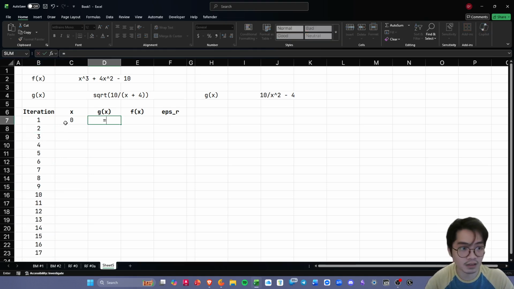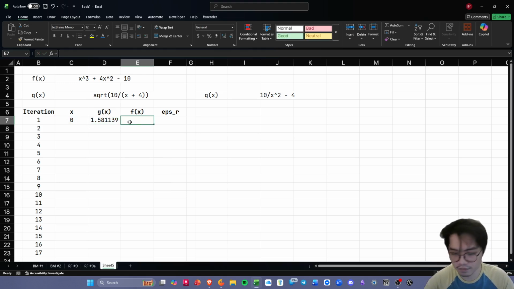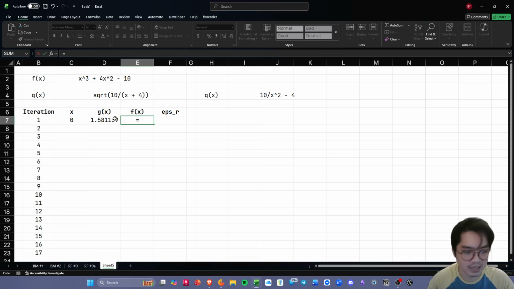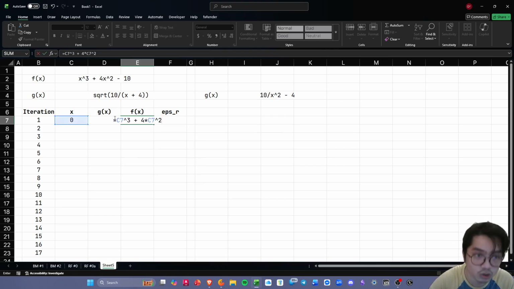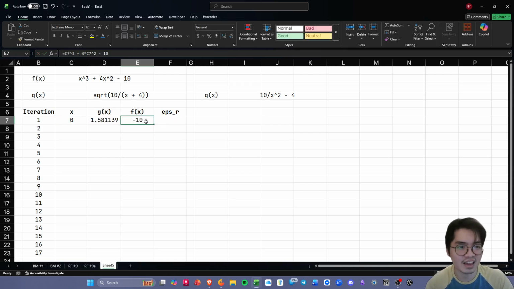And your g of x in here would be square root of 10 all over c7 plus 4. Okay, it's your value. Then your f of x in here will be c7 cubed plus 4 times c7 squared minus 10. Okay, it's negative 10.